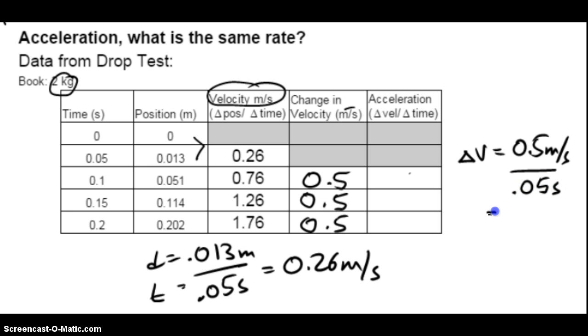Take a look at this. 0.5 divided by 0.05, guess what? 10 meters per second squared. I would make sure that I put the units here because they're not listed up here. Or maybe to save time, I could put them up here now that I know what they are.